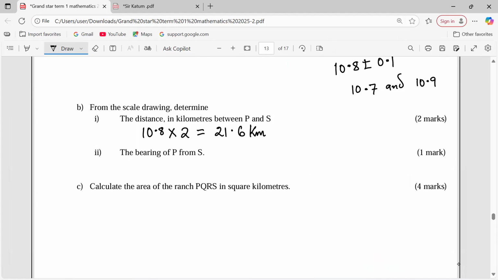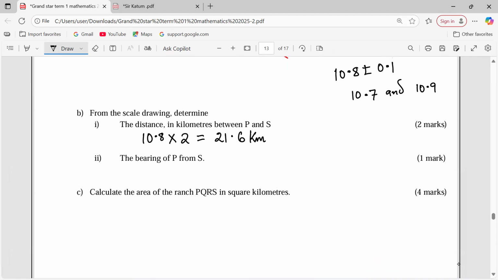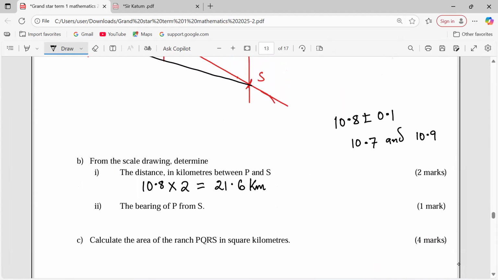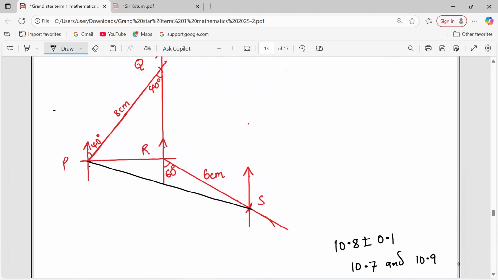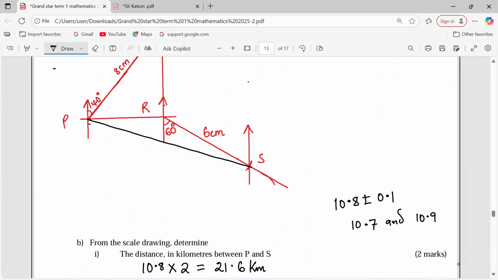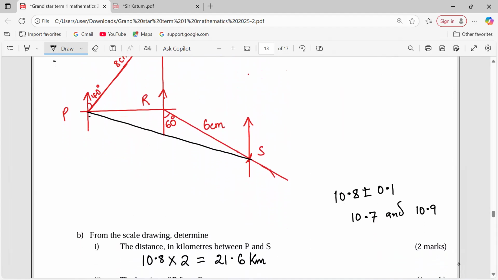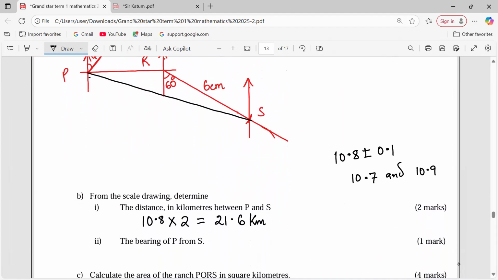So there's that allowance. Then let's check the other question, which is in part 2, the bearing of P from S. For us to measure the bearing of P from S, we can consider the true bearing. We are already having the line joining P and S. So we consider the angle from the north in the clockwise direction this way.